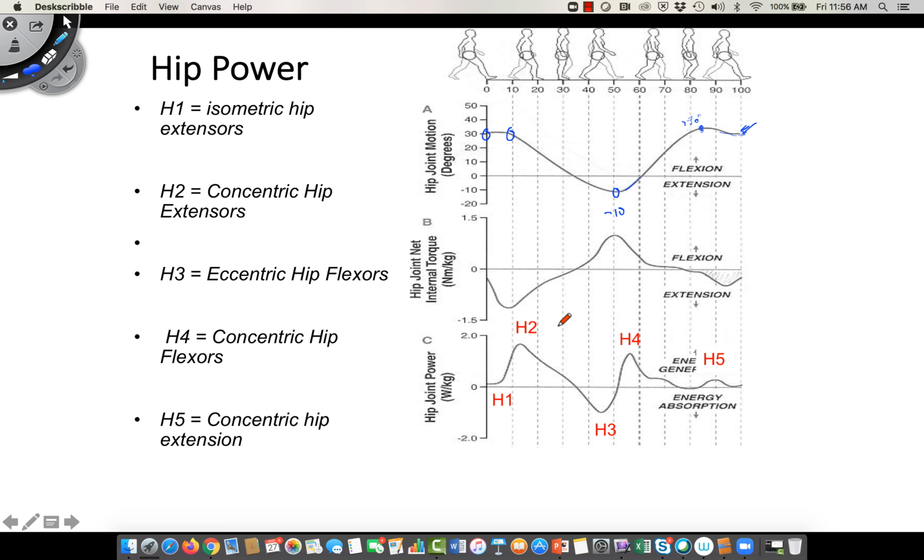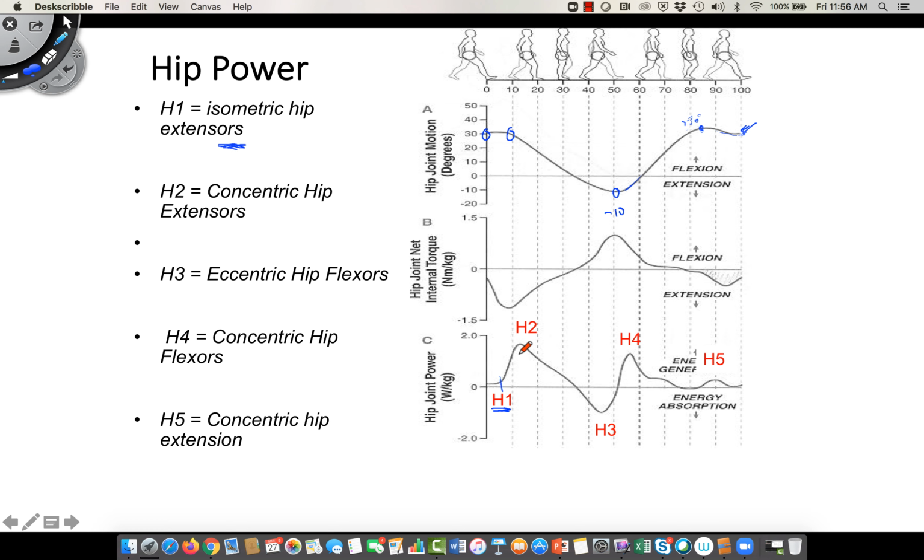And if we look at this power graph and how it relates to the kinematics, we can see that in this very first period, where the hip is stable at 30 degrees during loading response, it's really an isometric contraction at this first power burst.